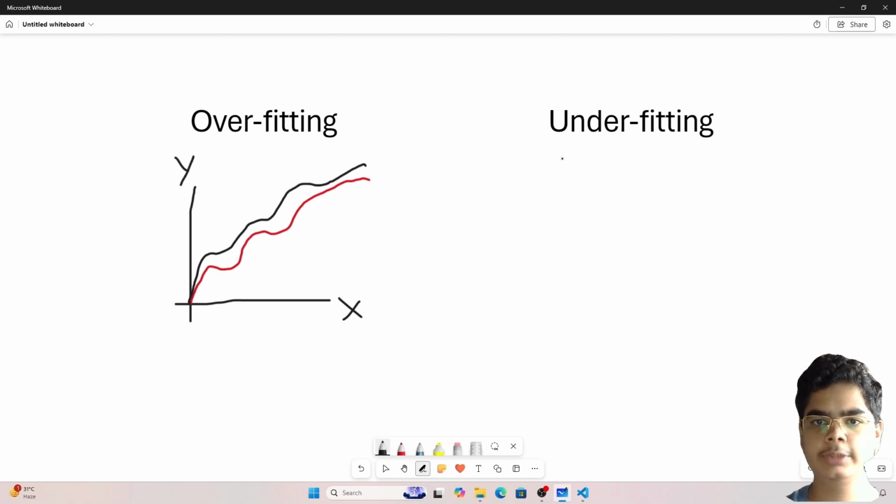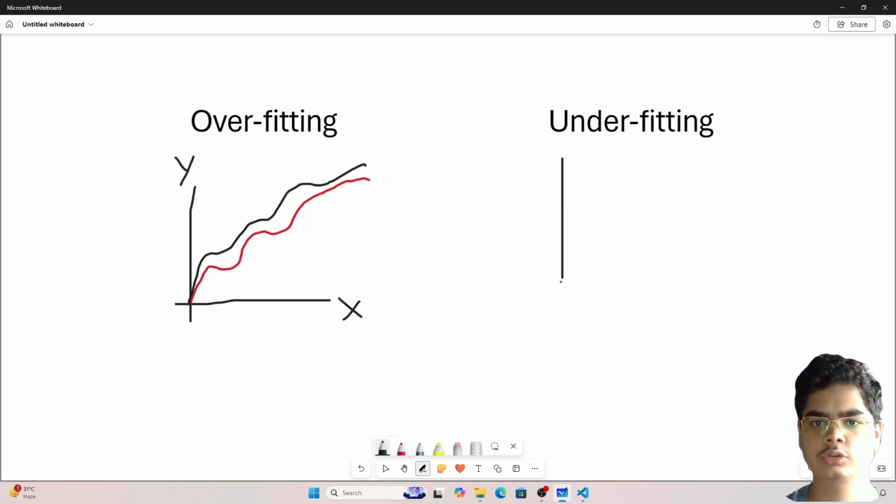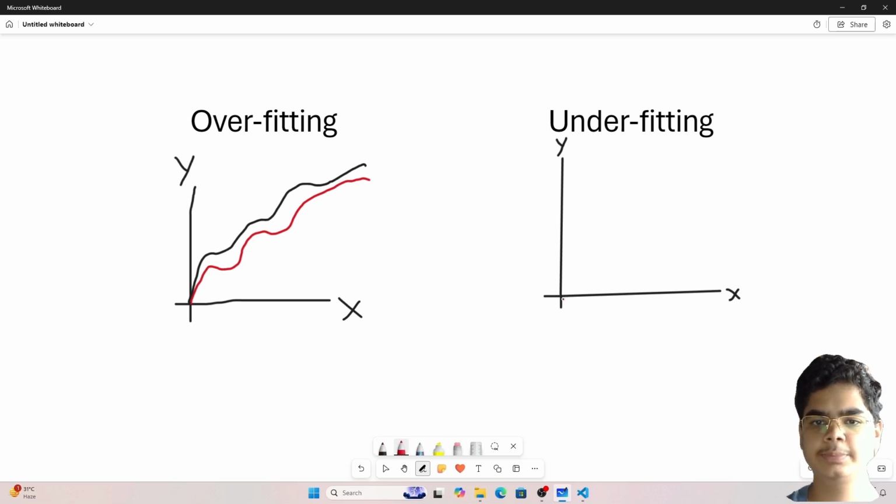So again, let me draw a graph. This is the y-axis, this is the x-axis. Let us again represent the prices predicted by our model by red, and the actual prices of Bitcoin by black. Now again, as you can see, the predicted prices and the actual prices are not exactly the same.